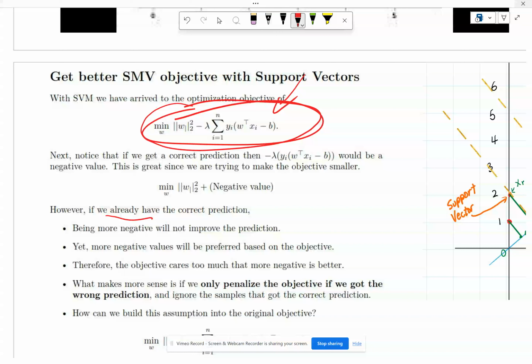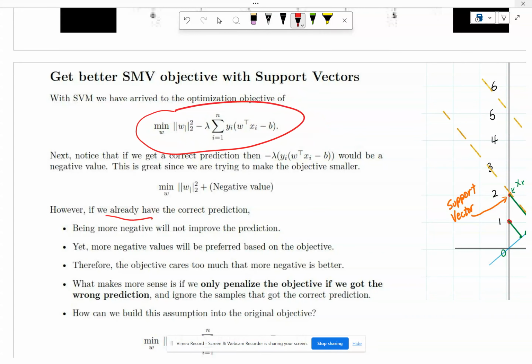So we don't want the objective that gives so much favorable attention towards really, really negative values. It will work, as you just saw, but you can get an even better result if you take into account that we just need a big enough negative. We don't need it bigger than necessary.